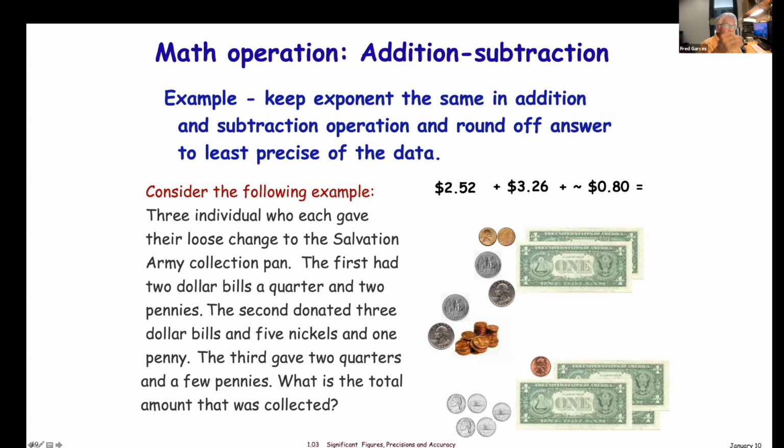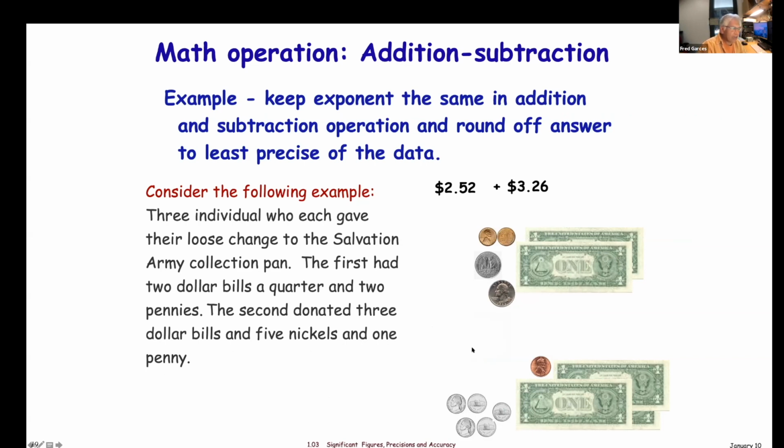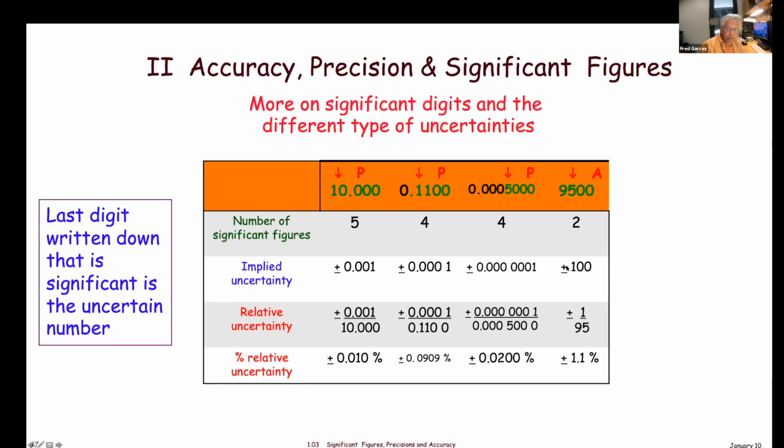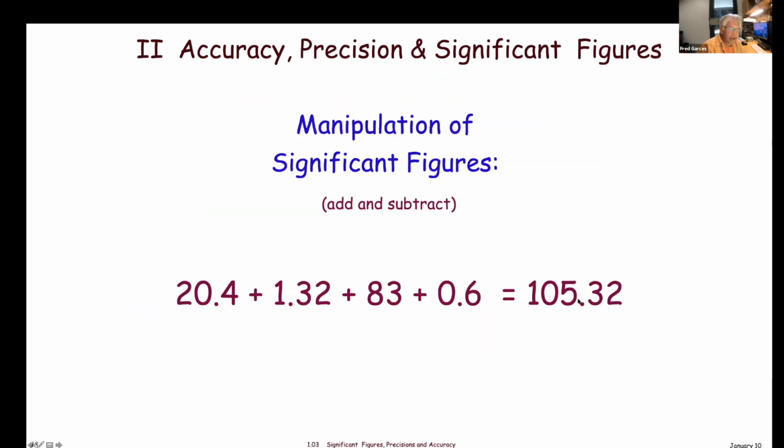The same thing when you add and subtract. When you write a number of 105.32, this has more precision than your data. That's why this number is incorrect. The way you would report your answer would just be 105, because this data has an error of plus or minus 1. So your answer must have the same magnitude in terms of the error. It has to be plus or minus 1. Okay.